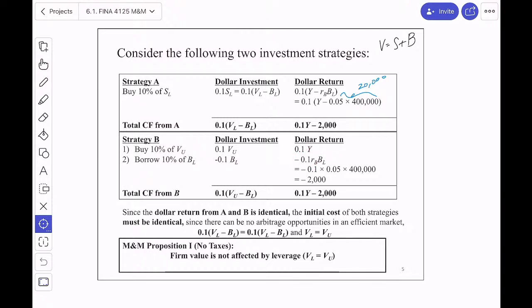And when you put that together, it looks identical to the dollar return for strategy A. So what's happened here? The dollar returns are the same, so it turns out that the initial cost of both strategies must be identical.